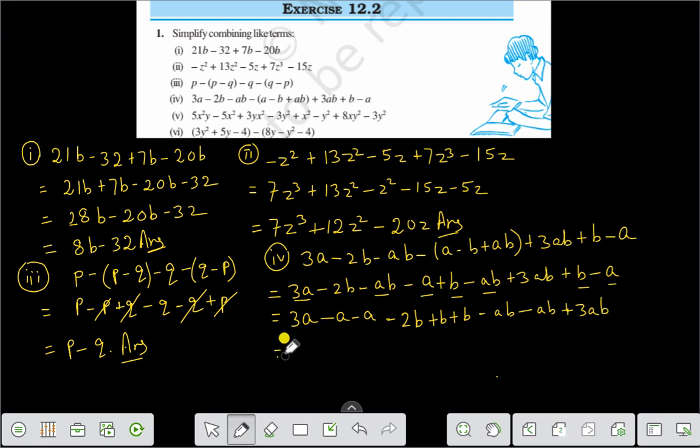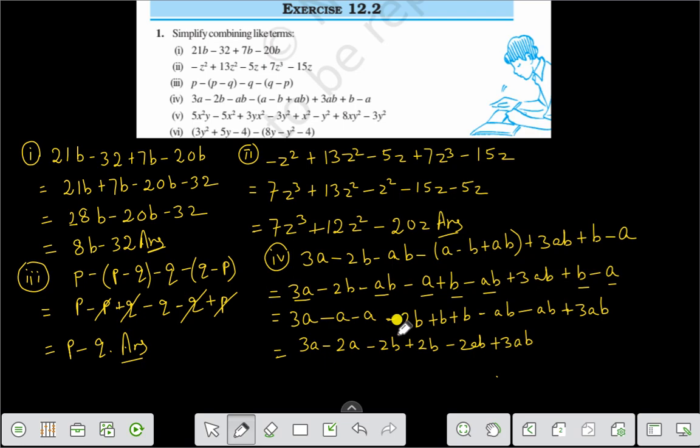Right? Here you see, that is 3a minus 2a is a, minus 2b plus 2b, and it is minus 2ab plus 3ab, which is ab.